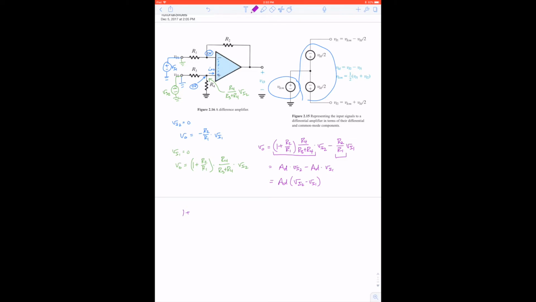So we write 1 plus R2 over R1 times R4 over R3 plus R4 is equal to R2 over R1. When that is true, we can rewrite the equation like we've just shown. What we can do is move the 1 plus R2 over R1 to the right-hand side, which then lets us write it in this form.